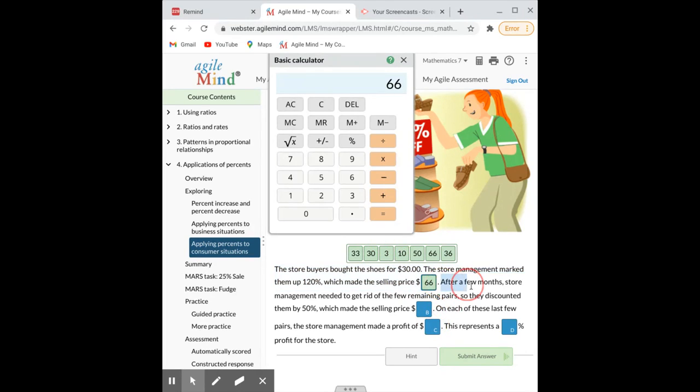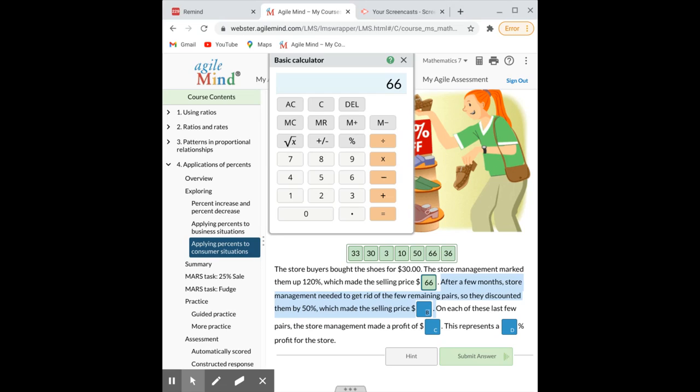Read that one for us, Angel V. After a few months, store management needed to get rid of the few remaining pairs, so they discounted them by 50%, which made the selling price blank. All right, so they are discounting the $66 shoes 50%.